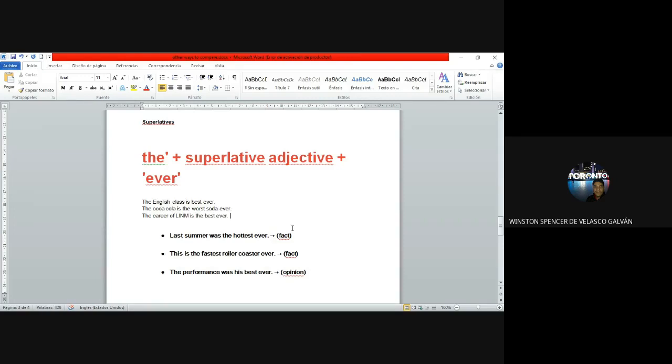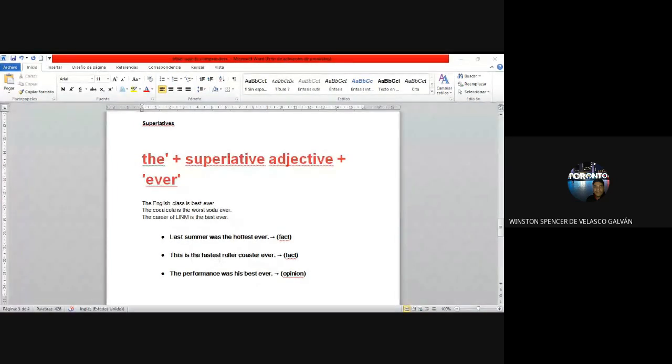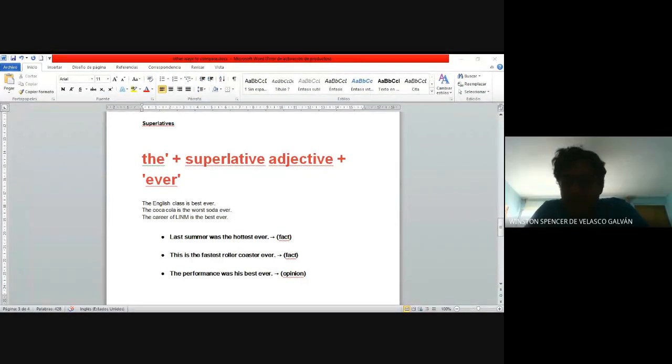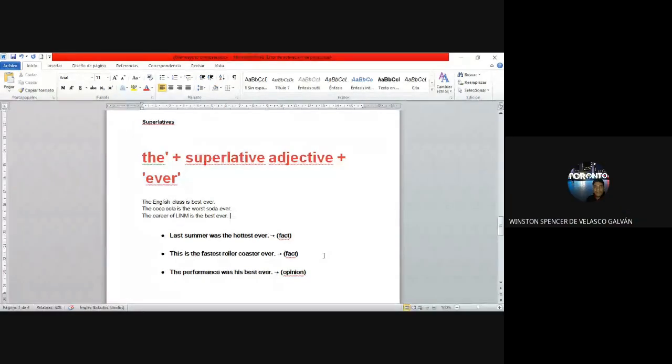Don't you think? La carrera de licenciatura en negocios y mercadotecnia es la mejor por siempre. ¿Están de acuerdo conmigo? Confirmen por el chat, por favor. ¿Ya ven? Es la mejor por siempre. Al final, jóvenes, siempre se tiene que utilizar la palabra ever. Siempre.